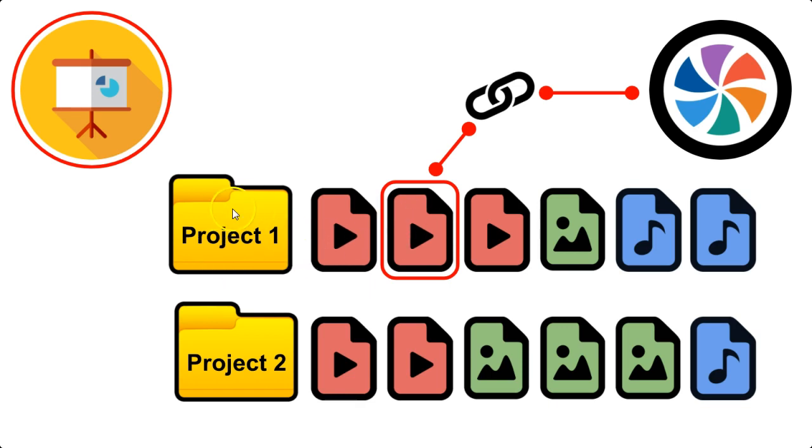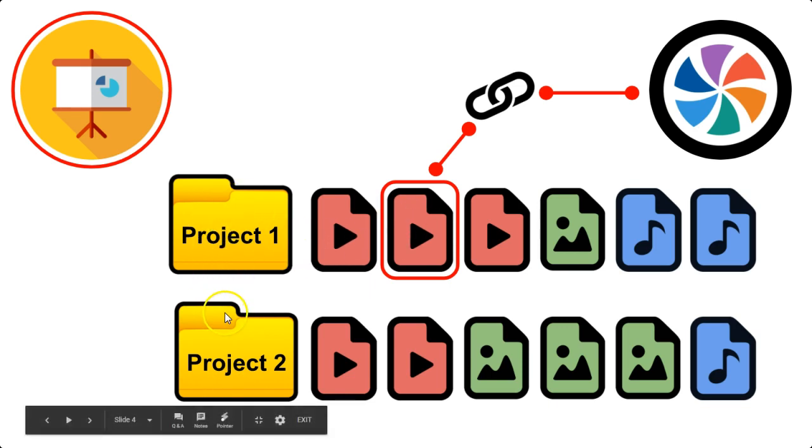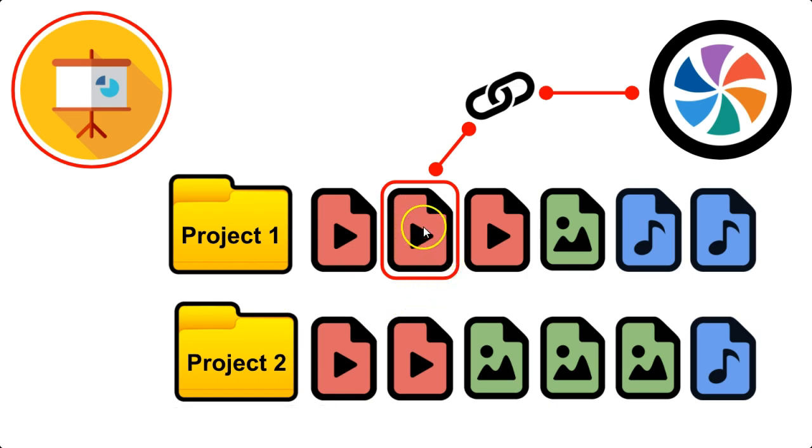What's so important about creating these different project folders then is that if I were to move or delete this file, I'm actually breaking that link because the Movavi project no longer knows where that file is located, because remember, that file doesn't become part of the project. It's just a link back to that file.